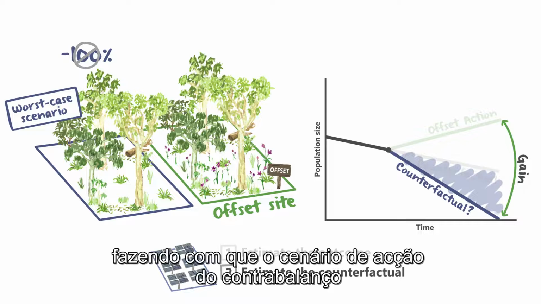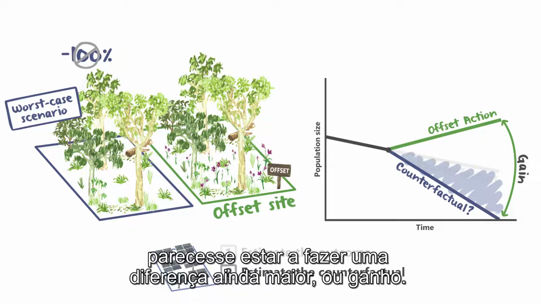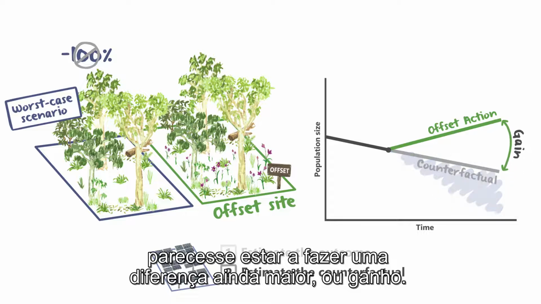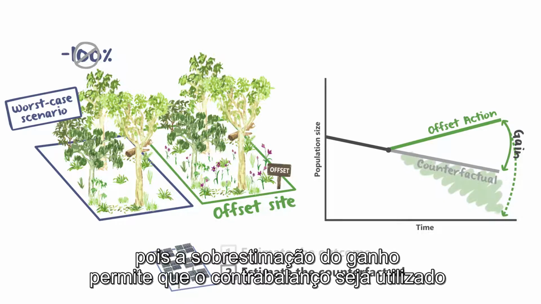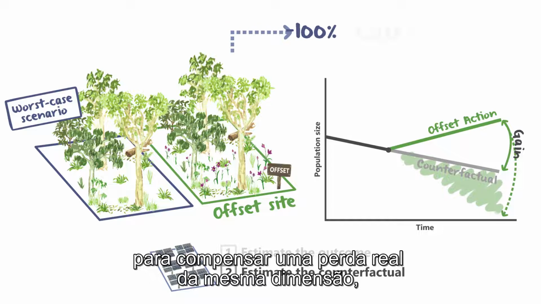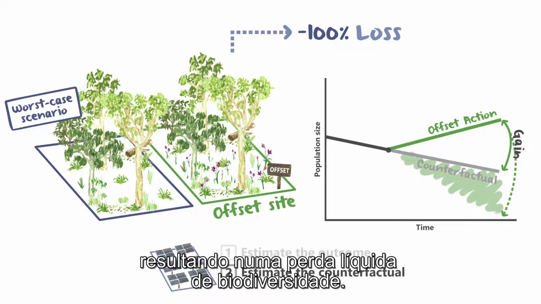And so the offset action scenario would look like it's making an even bigger difference to the outcome than it really is. Overestimating the gain from offsets in this way is highly problematic because the overestimate of gain allows the offset to be used to compensate for a real loss of the same size, resulting in a net loss of biodiversity.